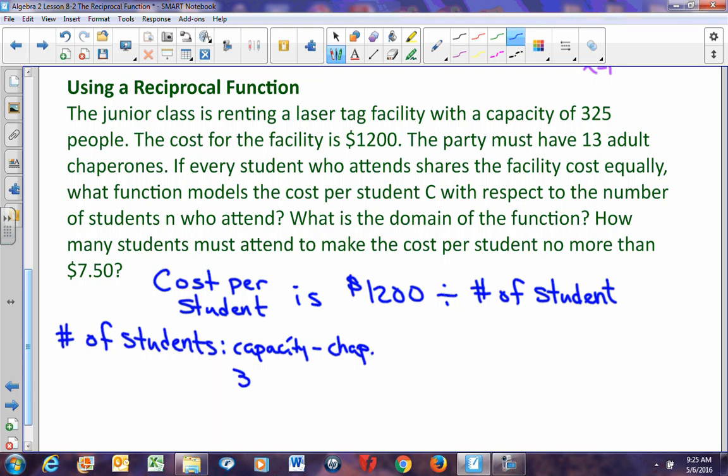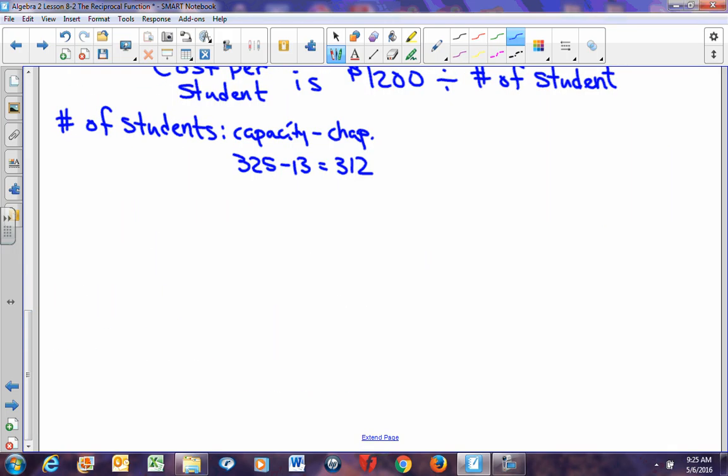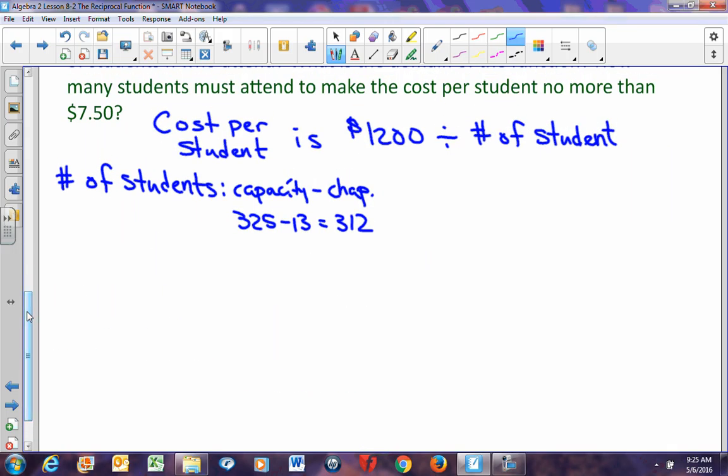Okay, so in this case, 325 minus 13. So that's the greatest number of students that can attend. This is 312. So let's see if we can write this into a function, because words are nice, but if we're in math, functions are better. So if the cost per student is going to equal the $1,200 divided by the number of students, right?